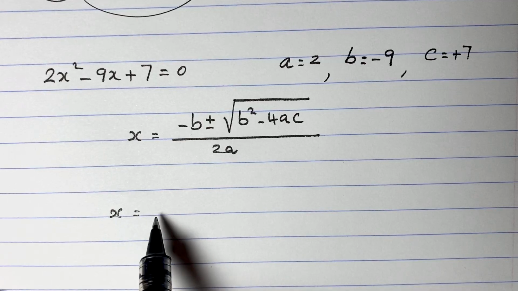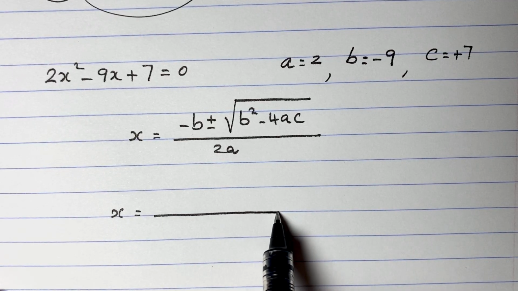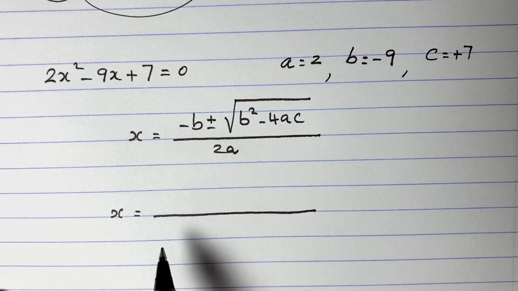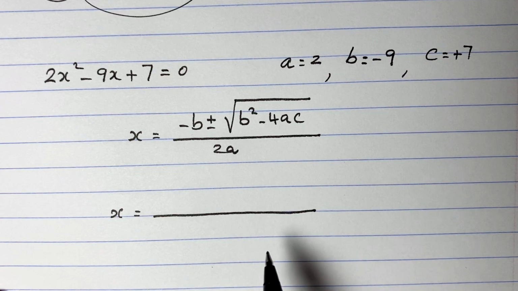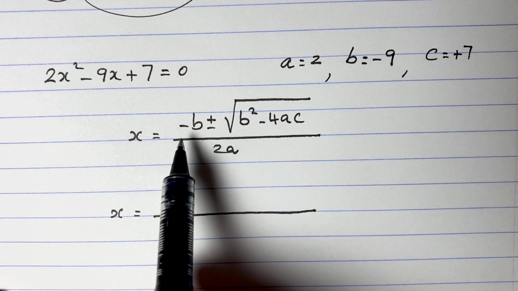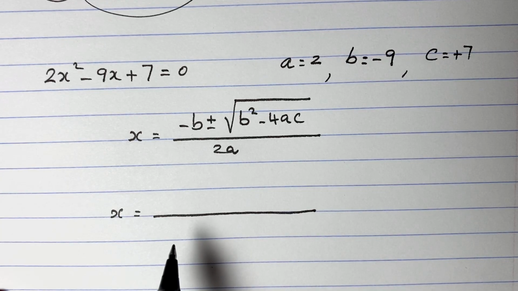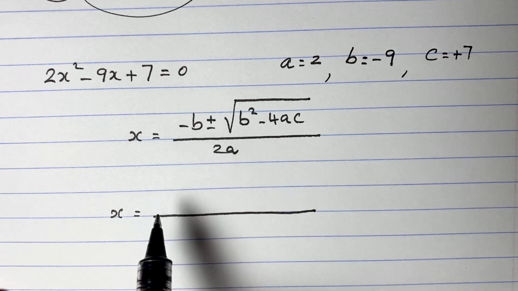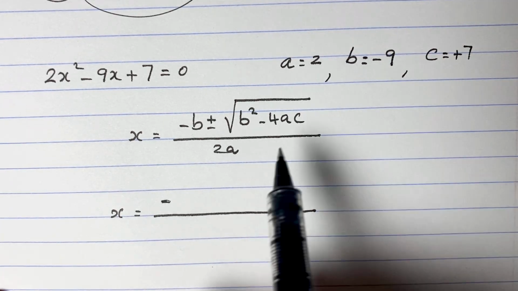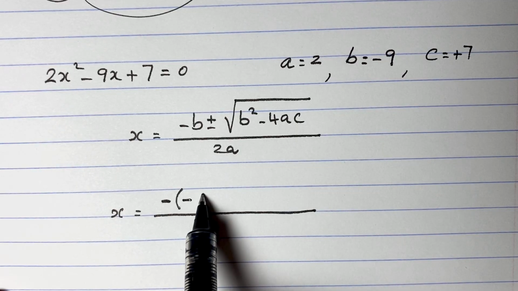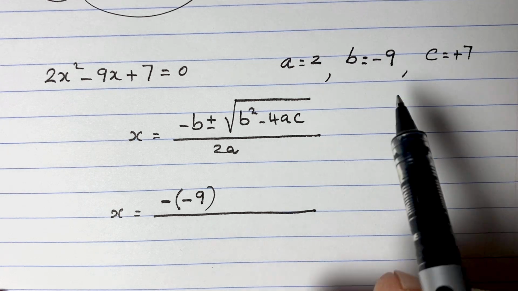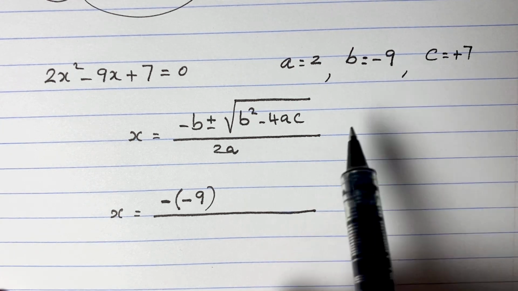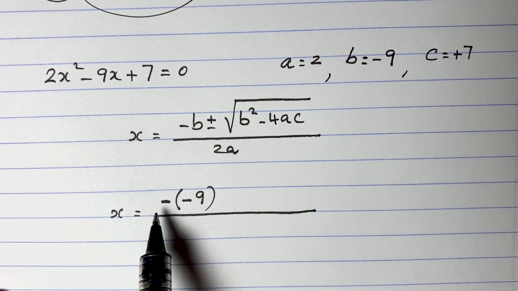x equals. If you don't want to make a mistake, all substitutions must be replaced inside a set of brackets. So we have minus b, inside brackets, minus 9. Just because b is a negative value, that doesn't mean you should ignore that minus here.